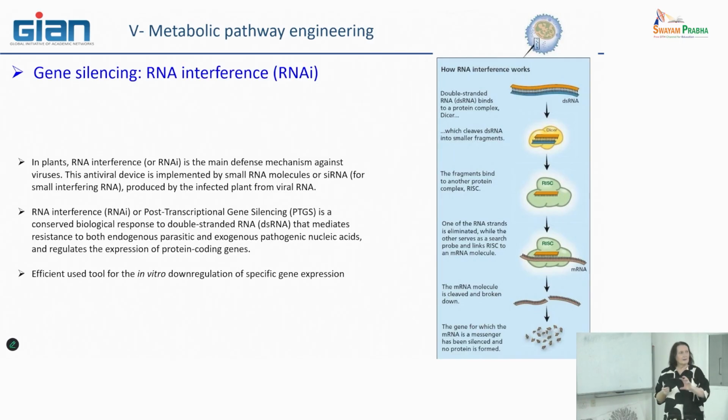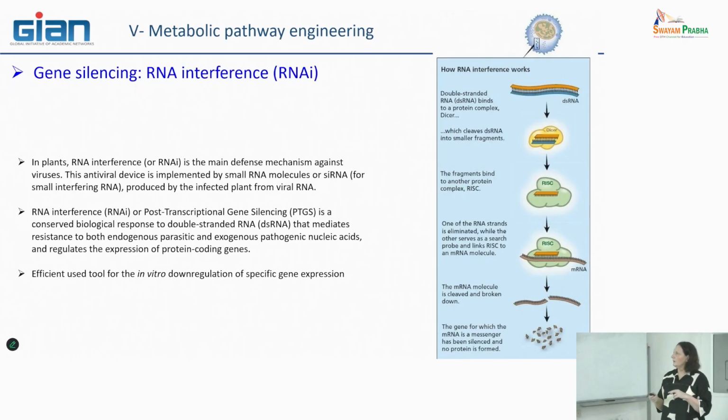This complex attaches to the double-stranded RNA, and in this complex there are endonucleases that are able to cut it into smaller pieces of RNA, called small interfering RNA, and after that, when all this double-stranded RNA has been cut, all the little pieces of double-stranded RNA are in the cytosol.